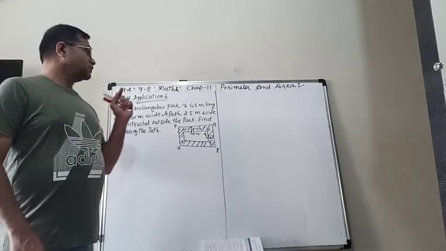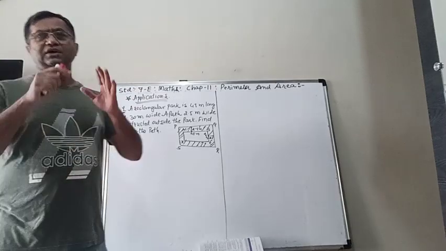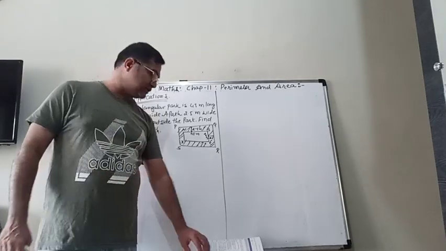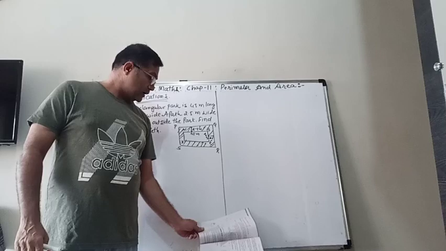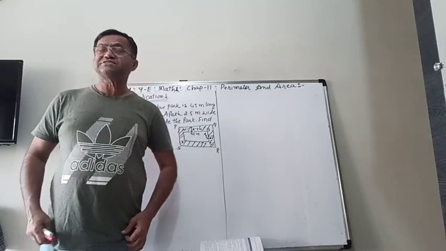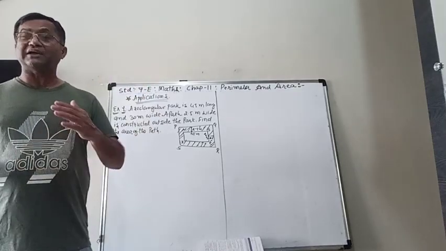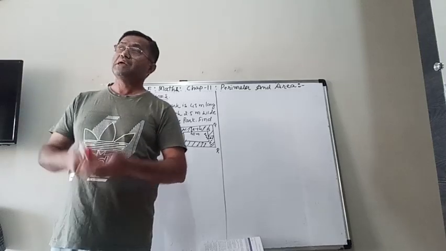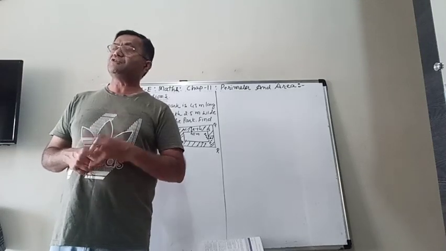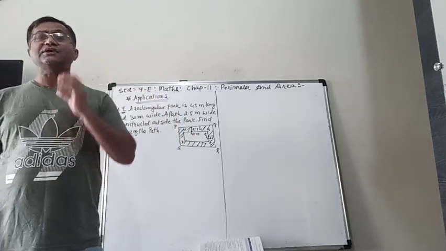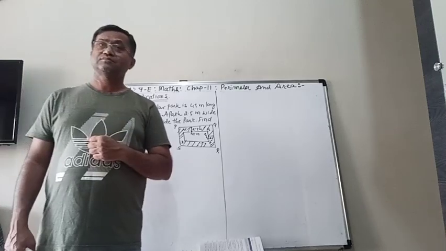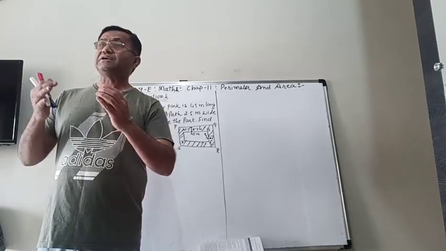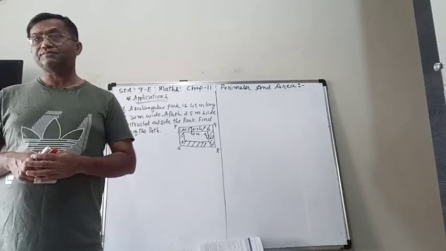Now in this chapter we have learned almost everything. But now we have to understand what the uses and applications of it are. Sometimes we need to find some areas which we cannot find directly.